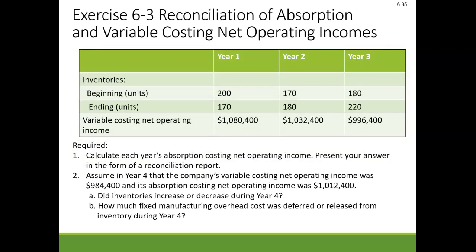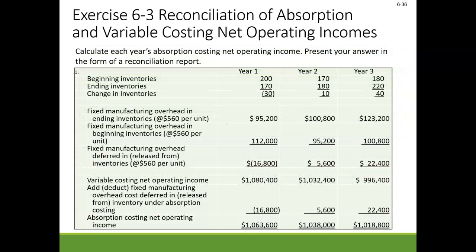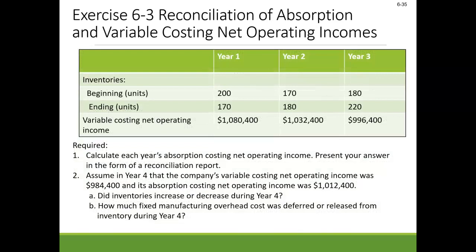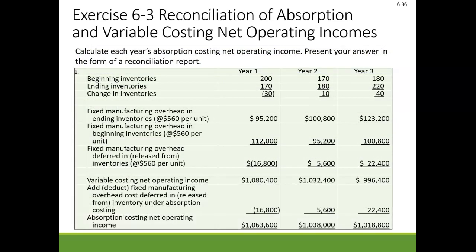So if we start year 1, we started the year with 200 units. We ended with 170 units. So we're in the hole minus 30. We used up more than what we produced.